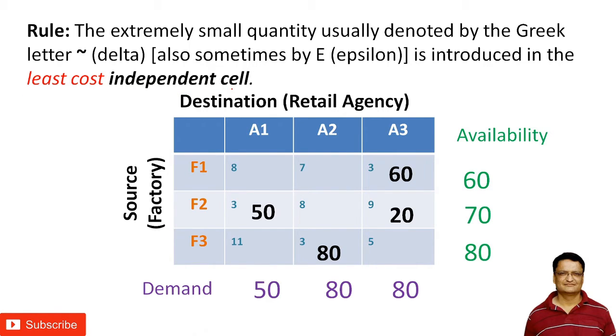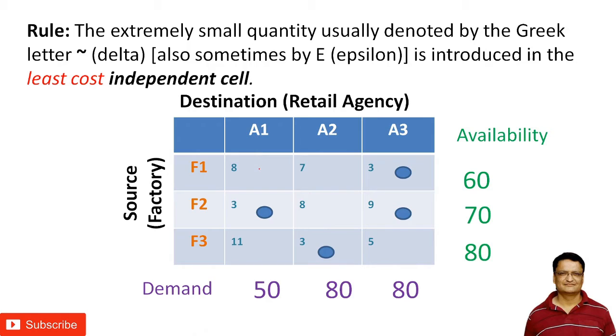So we understand what is meant by least cost, but let us try to understand what is meant by independent cell. Let us see which cell is independent. For the sake of convenience, I am replacing the occupied values with a dot, so that there will not be much confusion.